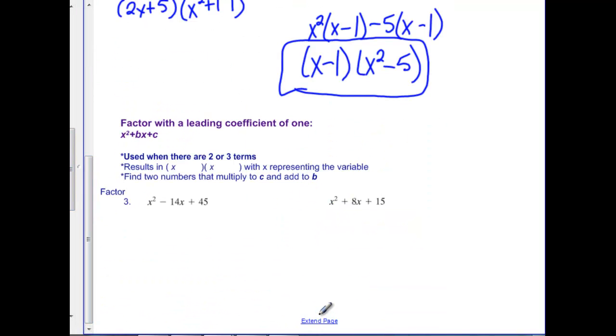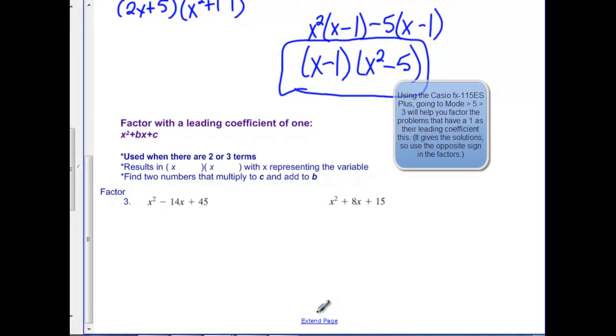Okay, so factoring whenever your leading coefficient is 1, meaning you have an x squared plus bx plus c. So, let's do number 3. x squared minus 14x plus 45. All right, so evidently mode 5.3 on your Casios will help you get this. Does it give you the actual factors or does it give you the answers?